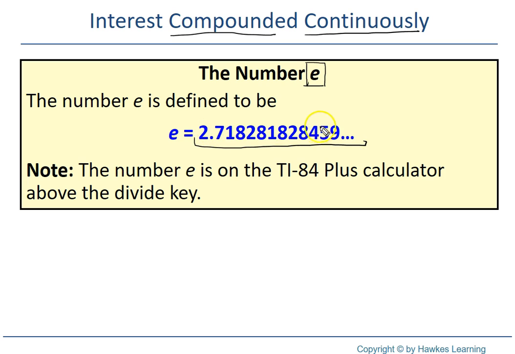Notice it doesn't repeat, but it continues. So they usually round it off here to 3 decimal places, which is like this. But in your calculator, there is an E value. So on your calculator, you want to find that E value, because that's what you'll use in the calculation.